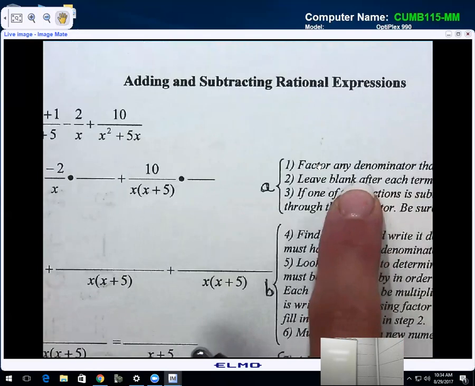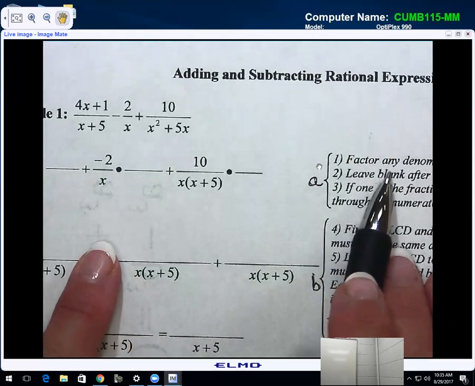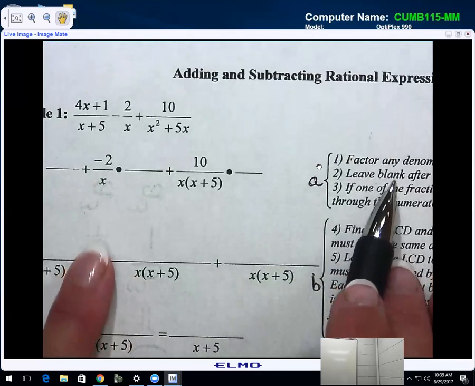I leave a blank after each term because in basic math, if I was adding 2/3 plus 3/4, I'd have to find the common denominator and then I'd have to multiply each one by whatever it took to make it have the common denominator. That's why I left these blanks. Multiply by whatever you need to make it have the common denominator. So factor the denominators that will factor, leave a blank after each term.